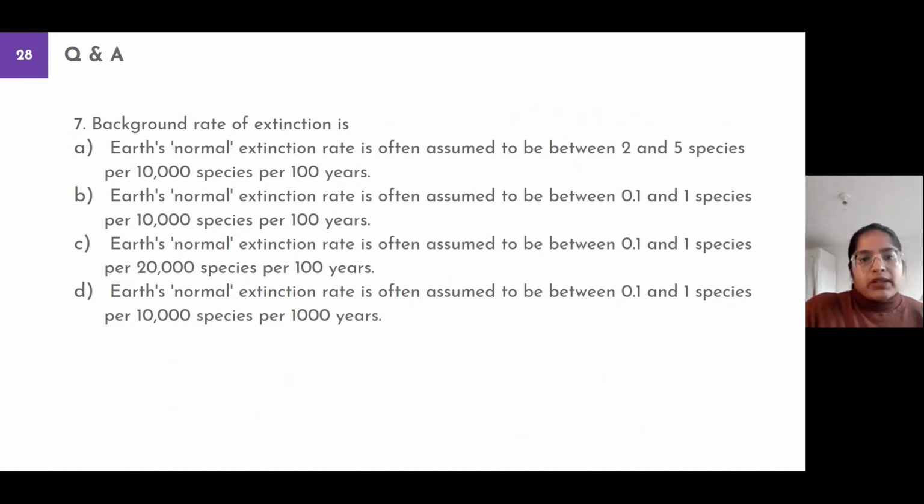Or B, between 0.1 and 1 species per 10,000 species per 100 years? Or C, between 0.1 and 1 species per 20,000 species per 100 years? Or D, between 0.1 and 1 species per 10,000 species per 1,000 years? The correct option is Earth's normal extinction rate, assumed between 0.1 and 1 species per 10,000 species per 100 years. So B is the correct answer.